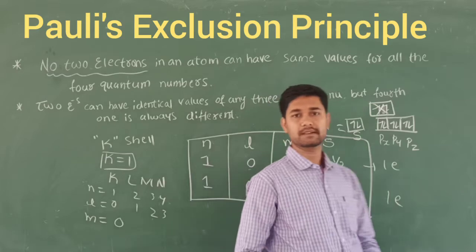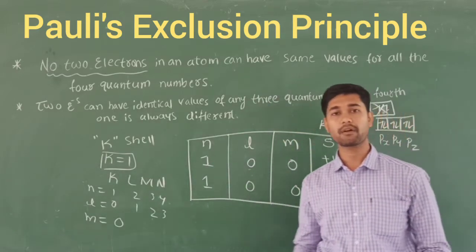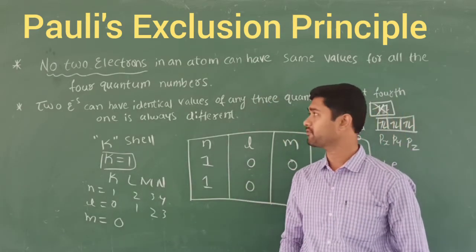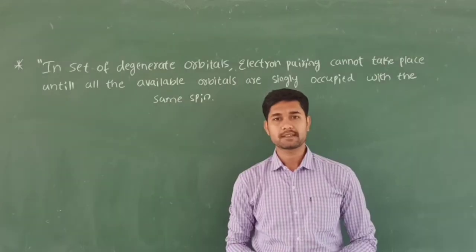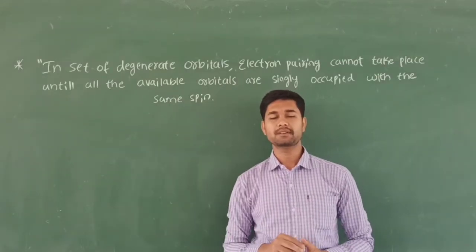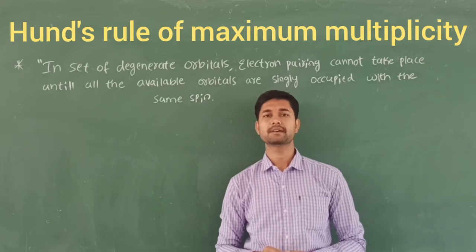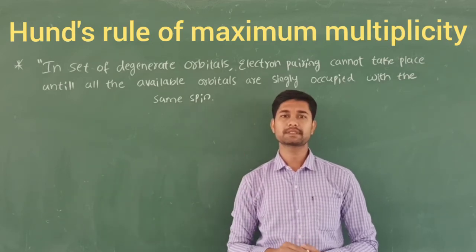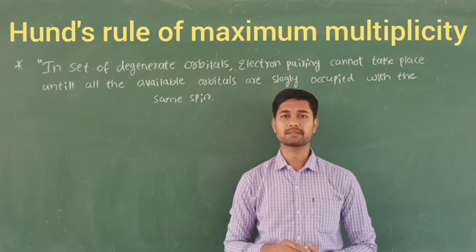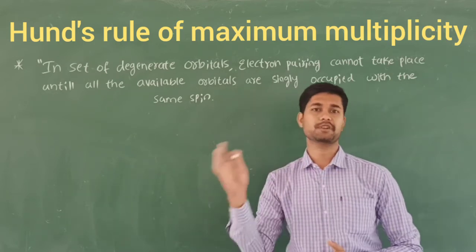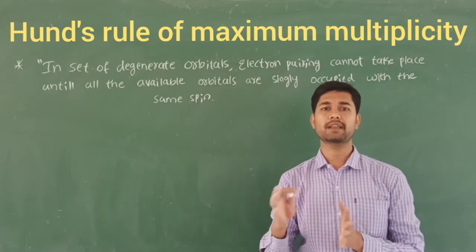Pauli got the Nobel Prize in physics in the year 1945 because of this statement. Let us now discuss the last principle, that is Hund's rule of maximum multiplicity. This rule deals with the filling of electrons into orbitals of the same subshell, that is, of equal energies.